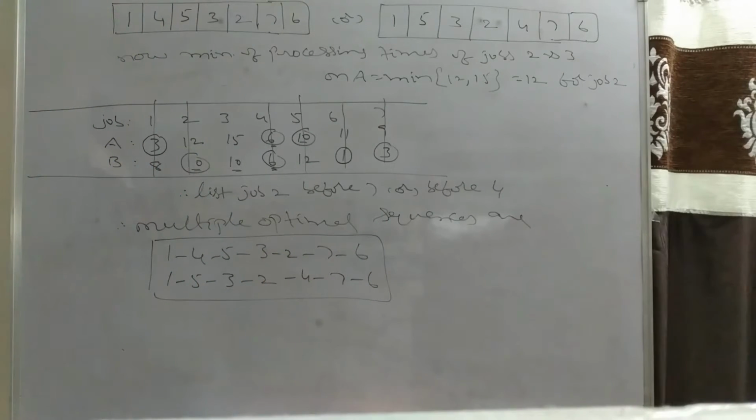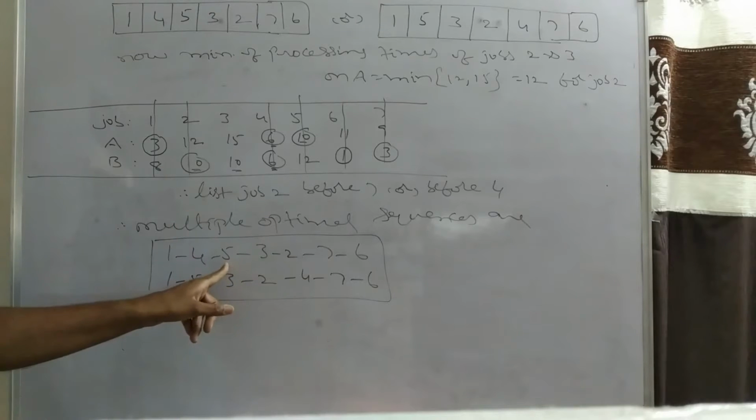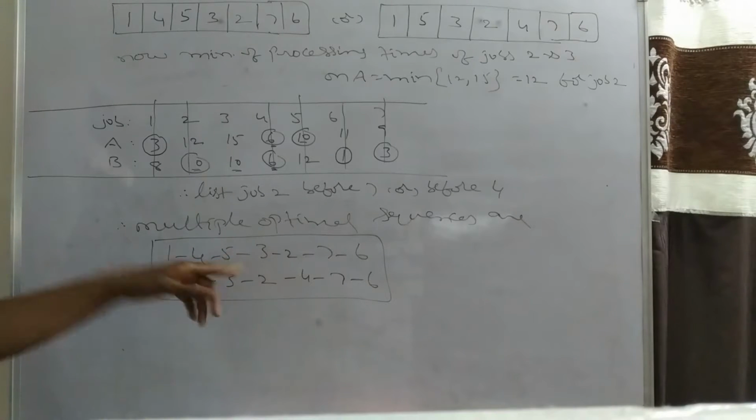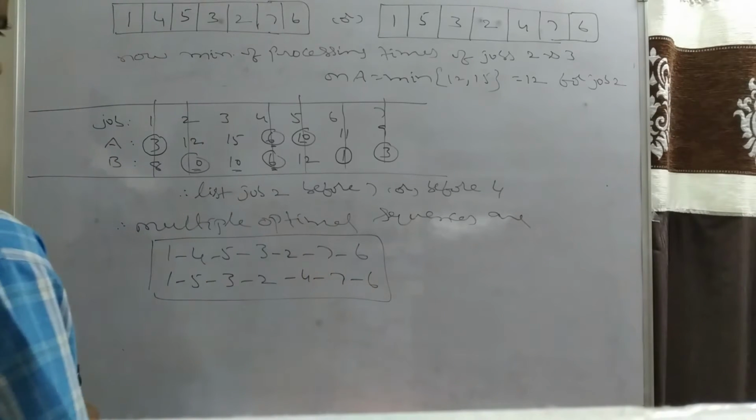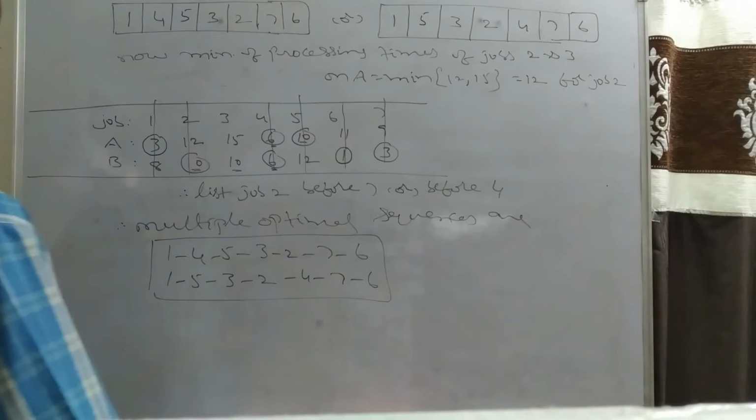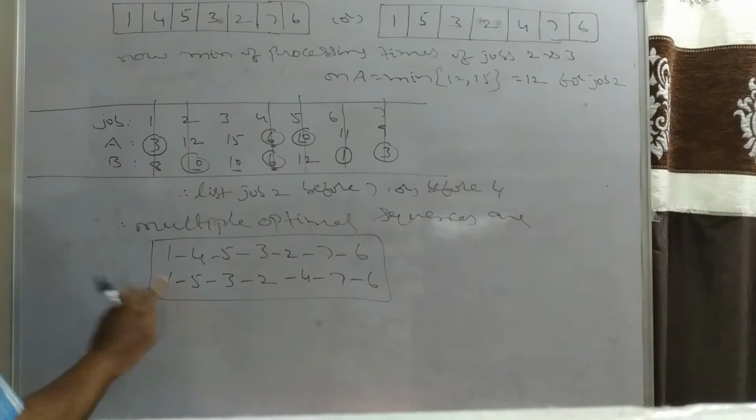That means first we start with job 1. First process it through machine A. After completion of job 1 on machine A, it moves to B. Then the next job 4 will start. Next, after completion of 4 on A, 5 will start. Like that, this is one of the optimal sequences, and another sequence is this.